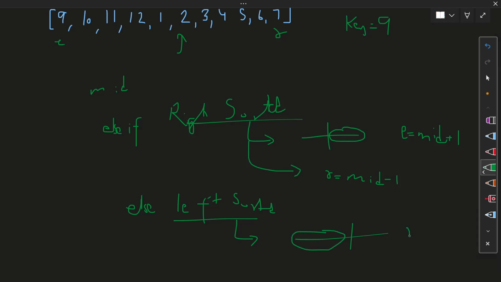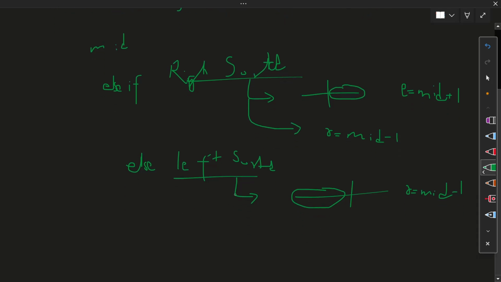If the key is present on left hand side, we will move to left hand side. If the key is not present on left hand side, then we need to look on the right hand side. So that's all about the approach.